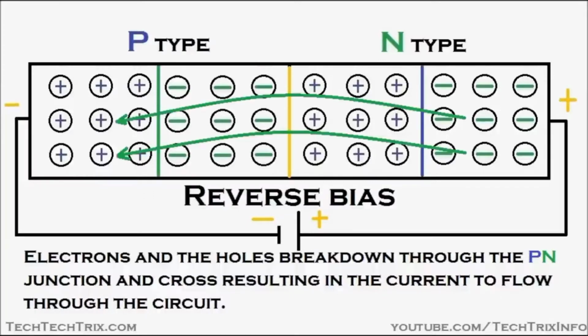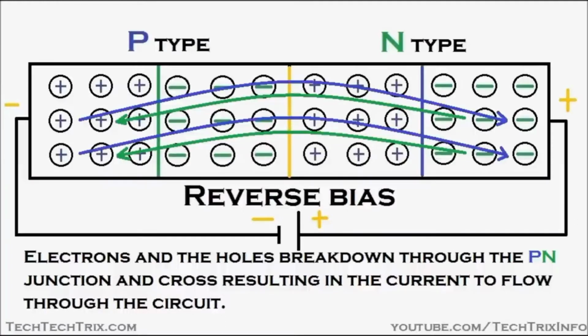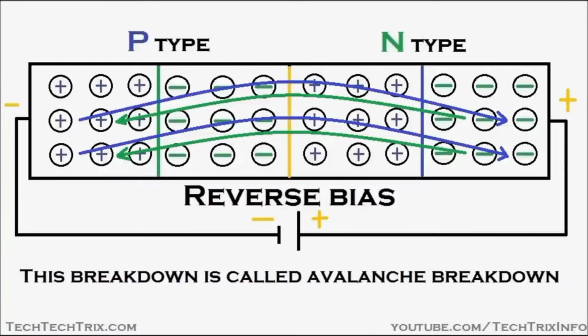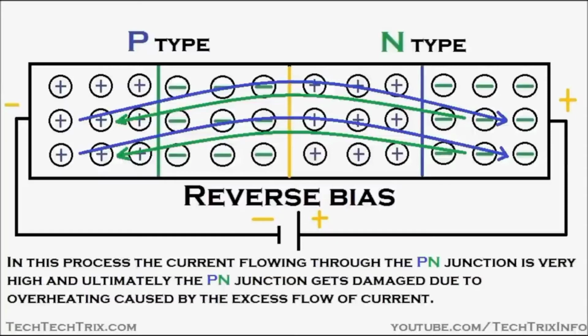You can see the electrons, which are negatively charged, break through this junction and move towards the P region, and the holes, which are positively charged, break through this junction and move towards the N region, resulting in the flow of current. This breakdown is called avalanche breakdown.